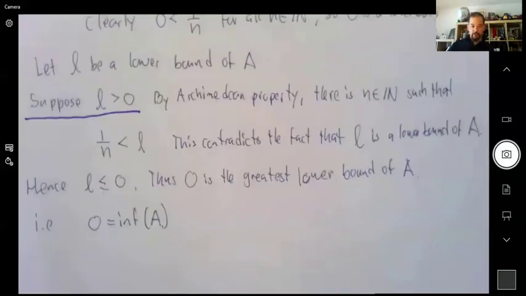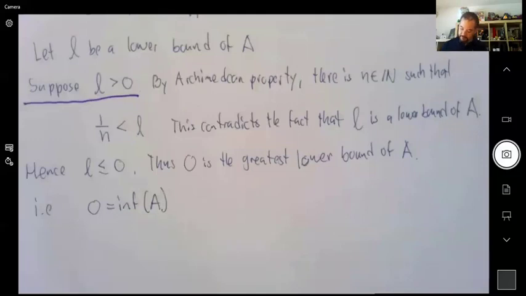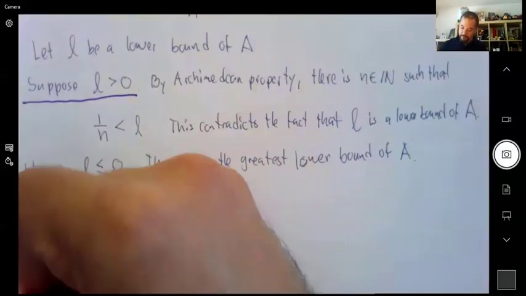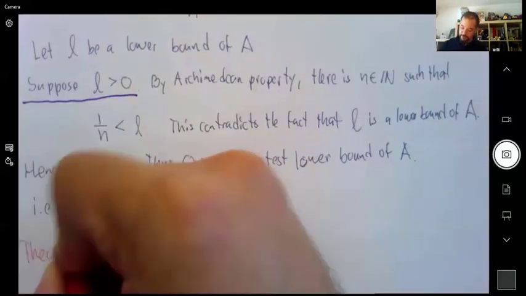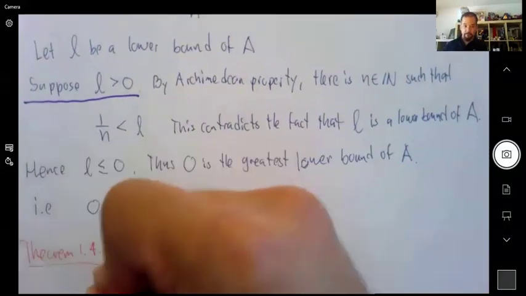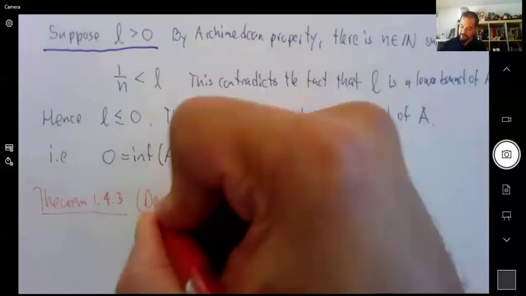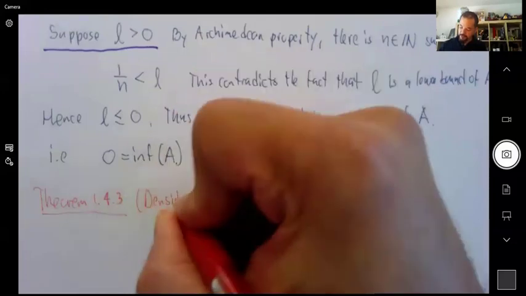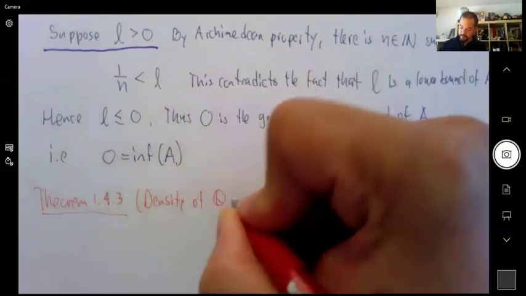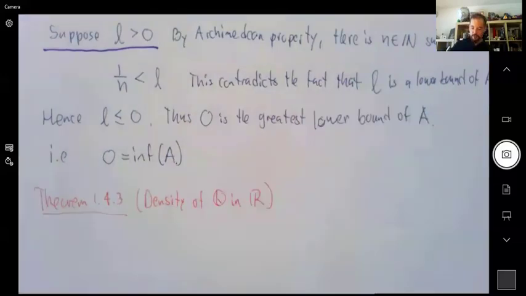Here's another important consequence, and it is this next theorem, Theorem 1.4.3, another consequence of completeness, and this is called the density of the rational numbers inside the real numbers, density of Q in R. And this is what it says.